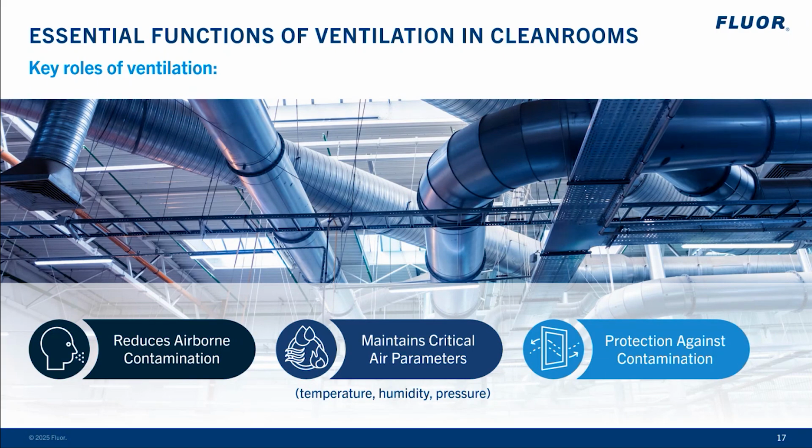A properly functioning ventilation system plays the key role. It reduces the amount of airborne particles, maintains critical environmental parameters such as temperature, humidity, and pressure, and, as mentioned earlier, protects the room from the ingress of airborne contaminants from outside.